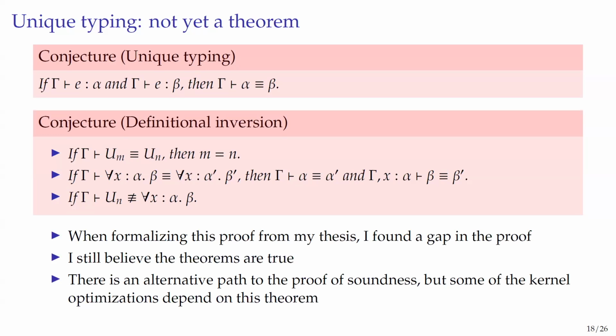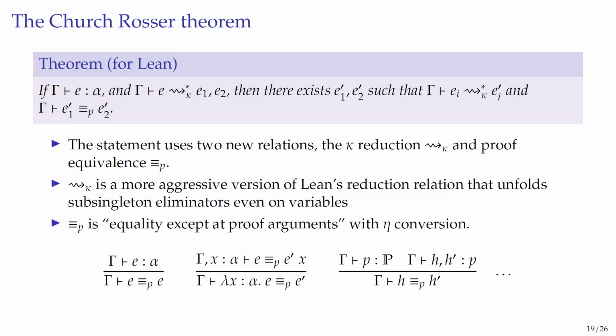And this is proven mutually with these three things here. So this is basically injectivity of type constructors. These are very important structural properties of the type system, and the kernel does depend on them quite a bit. So here's the way that the proof basically works.